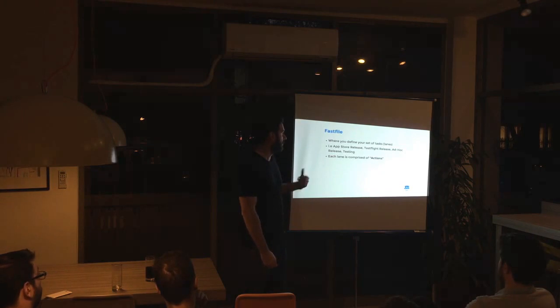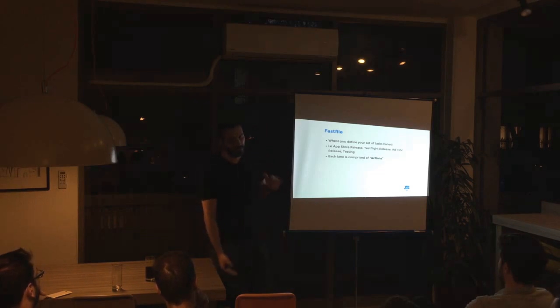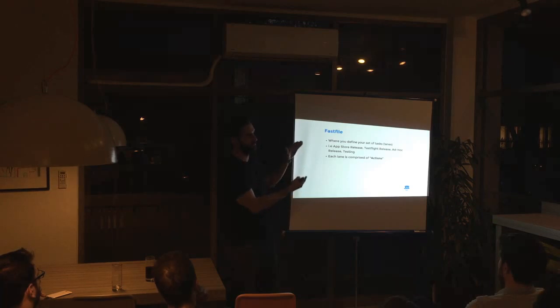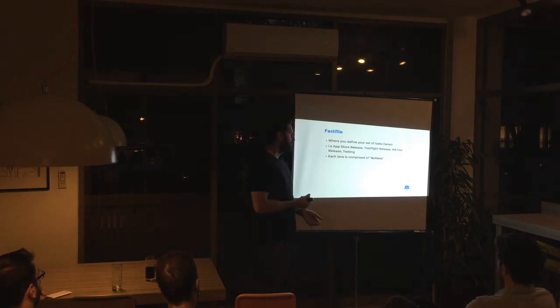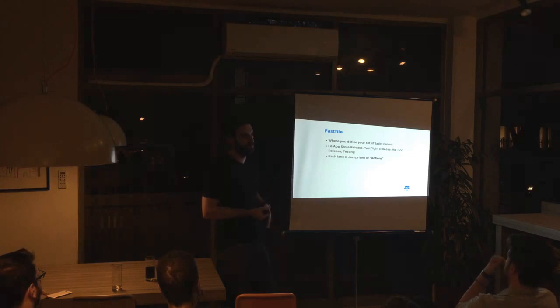And the most important file of the two is the Fastfile, which is basically where you declare all your lanes, or your different kind of set of tasks or workflows, whatever you call it. They call it lanes. You should stick to that. You can have as many lanes as you want in there.